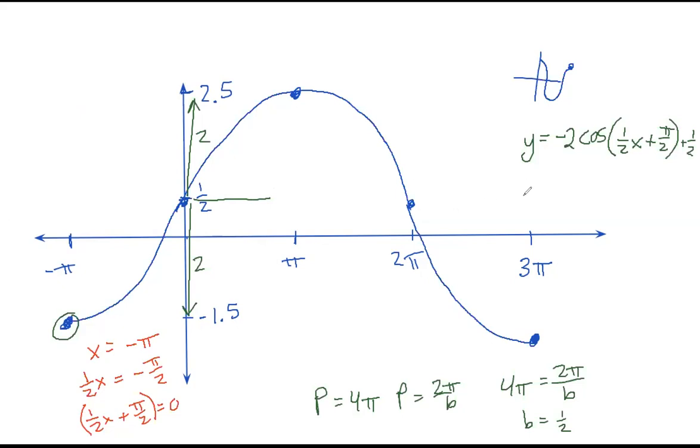If we wanted this to be a sine graph, amplitude's still going to be 2.